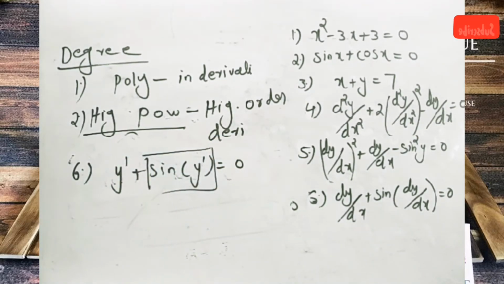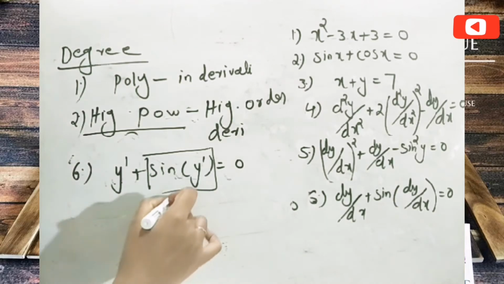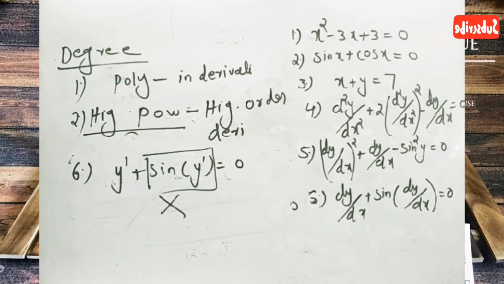If you have trigonometric functions like sine, cos, tan, or logarithmic functions in terms of derivatives, then that is not a polynomial equation in derivative. So we can't define the degree of this differential equation.